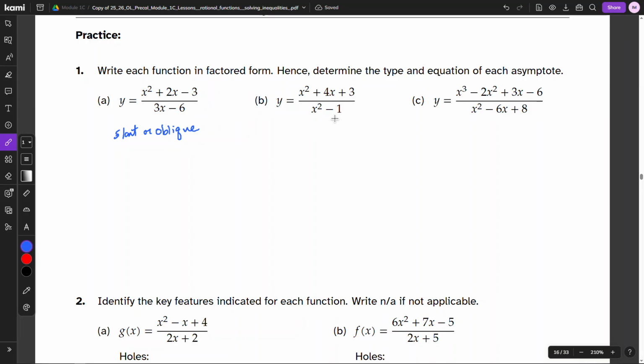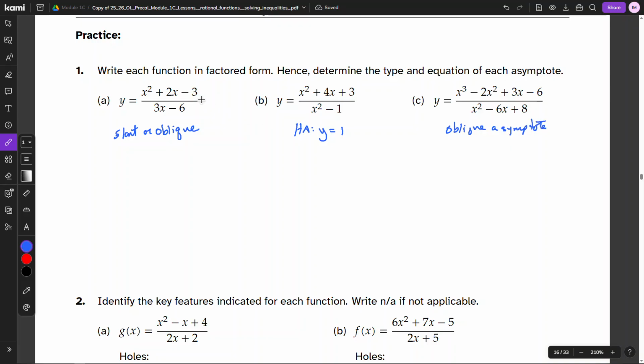slant or oblique. Here, numerator and denominator have the same degree, and so I know that I'm going to have a horizontal asymptote of y is equal to 1. For this one over here, numerator larger degree than the denominator, so that means I'm going to have an oblique asymptote.